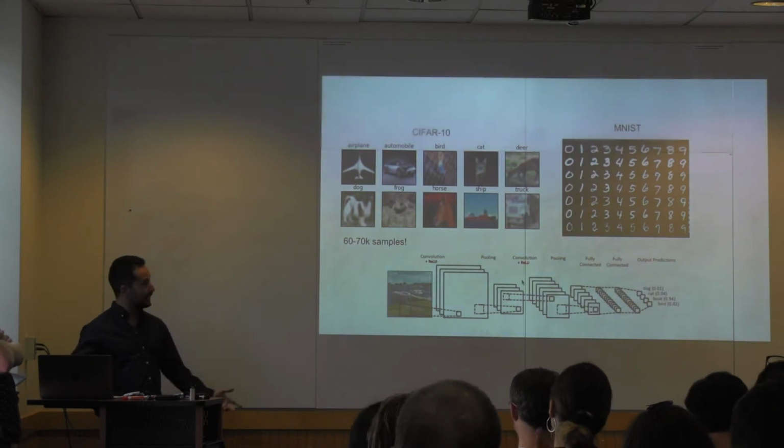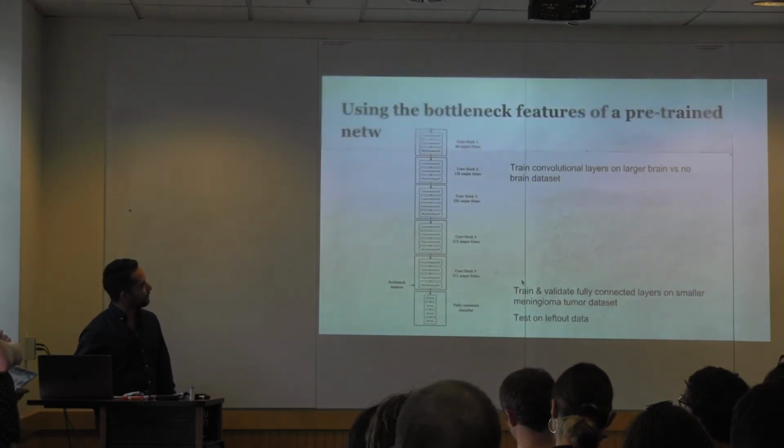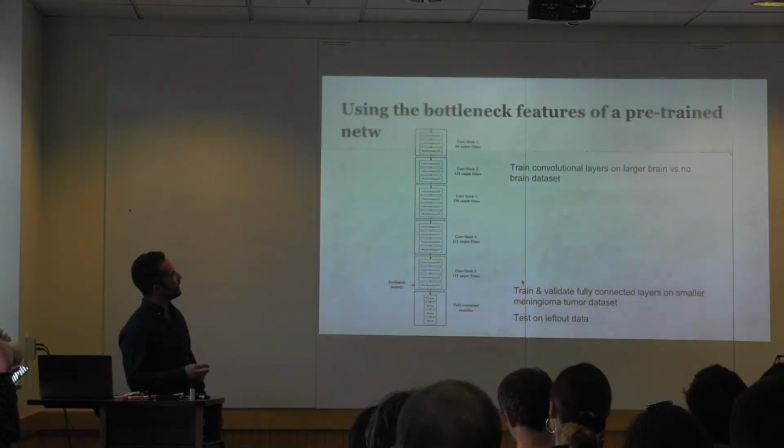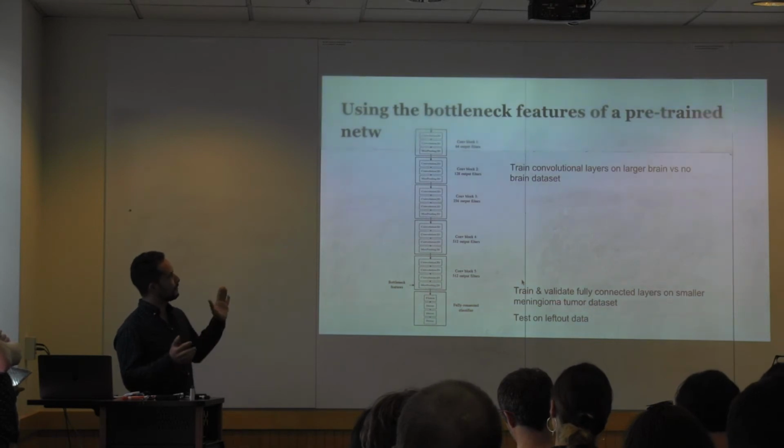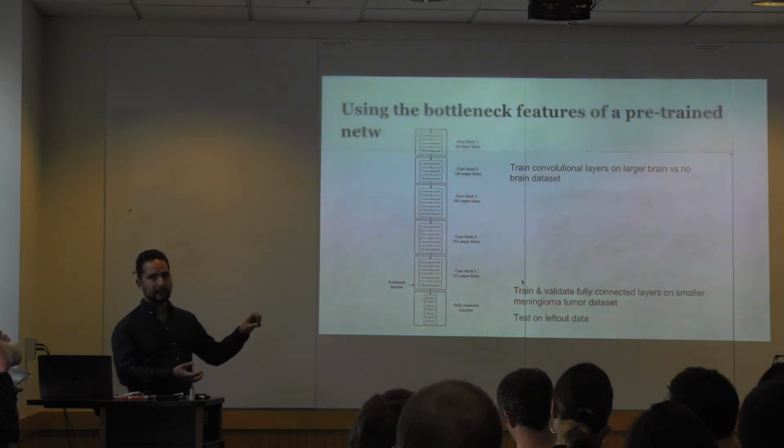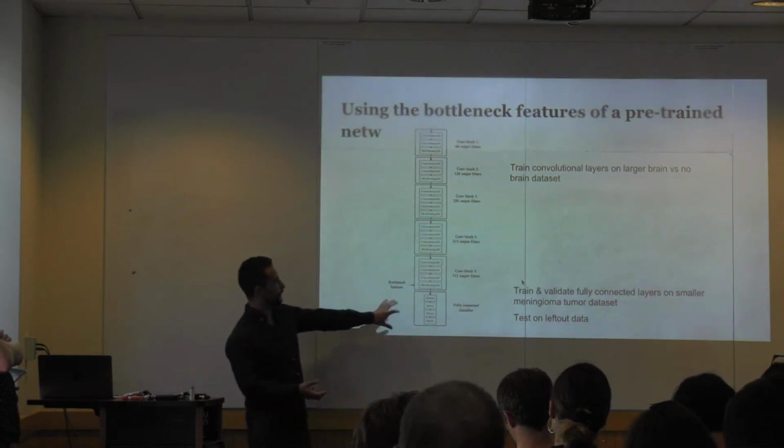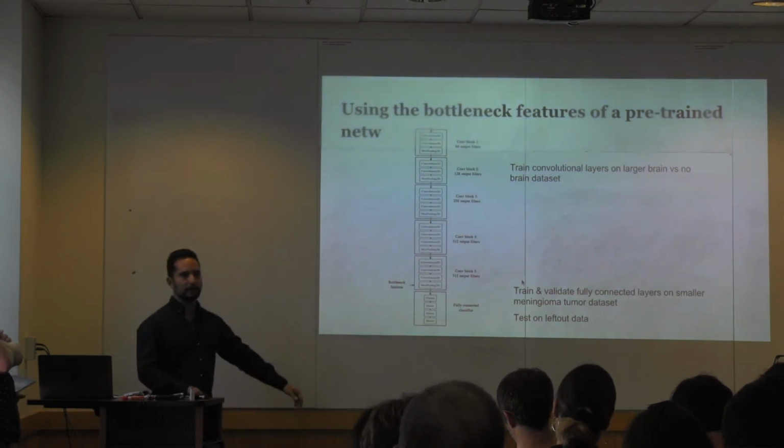So the plan is, and obviously it's not done yet, that's why it's just a plan, there are some cool techniques for using pre-trained networks, taking some of the features that they abstract and retraining some parts of the network for your problem.